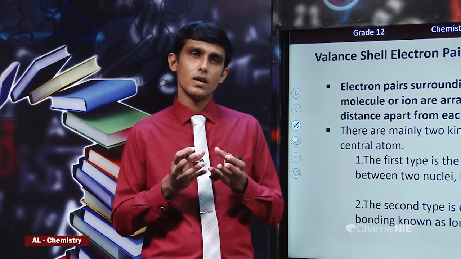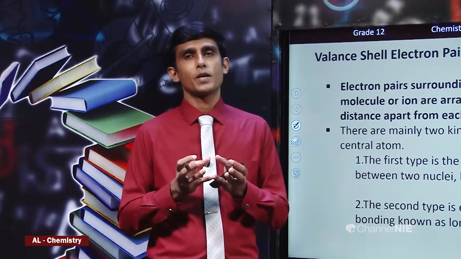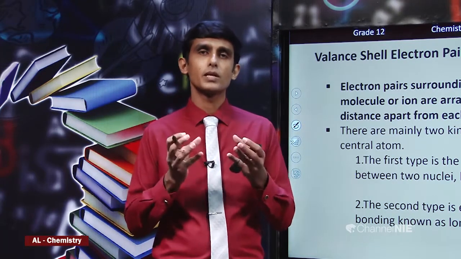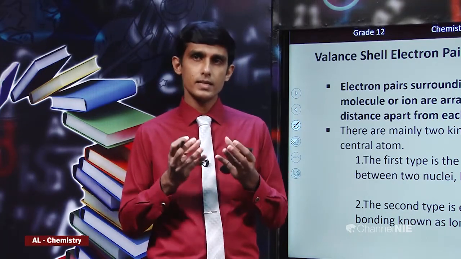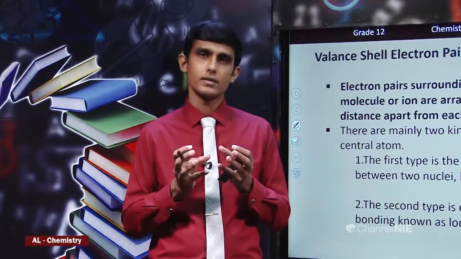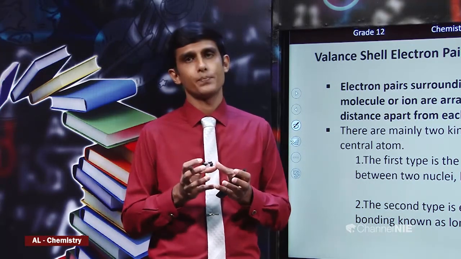Now, the shape of a molecule or ion is the arrangement of the atoms where the repulsions are minimum.